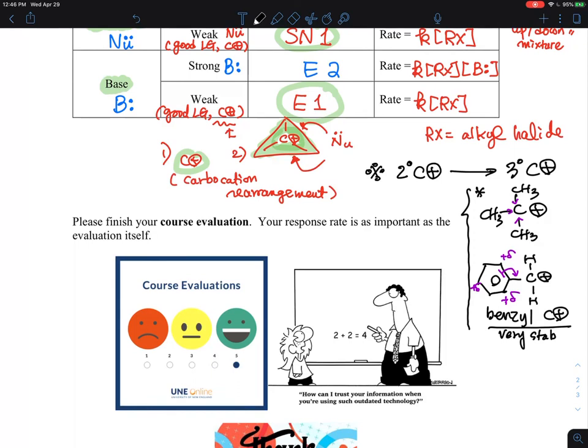So remember to develop your eyes when you see the benzene with a carbon attached. Okay, it has to be the aromatic group attached, and this one is a very, very stable carbocation. The other one that you will also learn in organic chemistry, not as effective as a benzene group, is if you have a double bond with a carbocation right here.